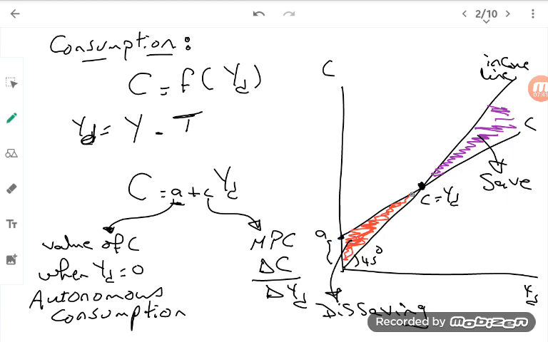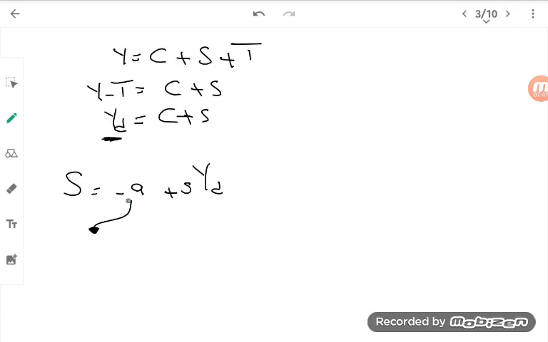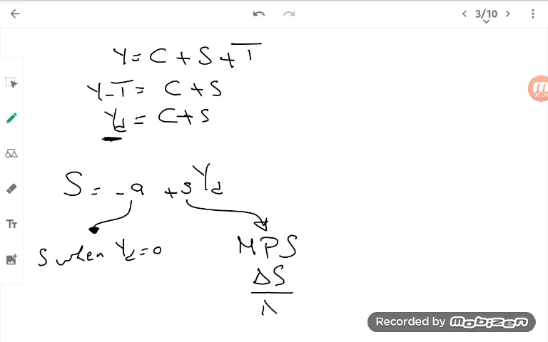If consumption is greater than income, you are going to save or borrow money, so your saving will be negative. This is the value of S when YD equals 0. Small s stands for marginal propensity to save, which is the change in savings due to a change in disposable income by 1 unit.